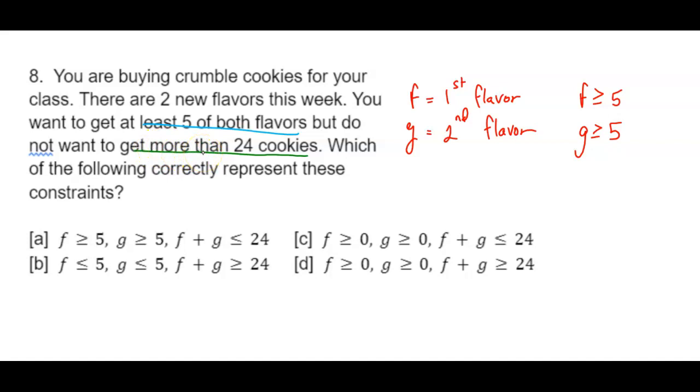In other words, if I add both flavors, the amount of both flavors that I get together, I don't want to have bought more than 24 cookies. So I can say that using the constraint that F plus G must be less than or equal to 24. So if we take a look at our choices, the correct answer should be A.